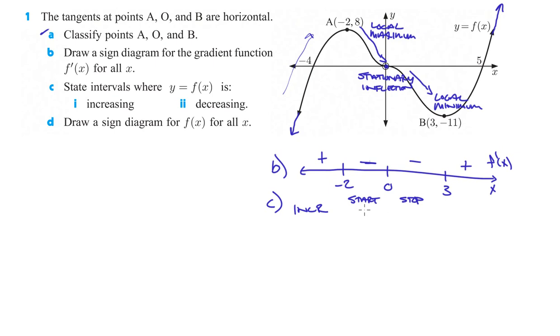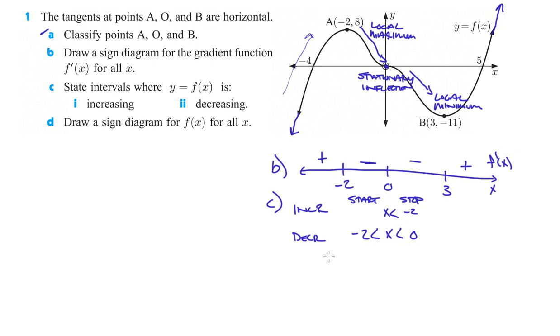So increasing, it does not have a beginning, but it does have an end. It stops when x is -2. So it's increasing when x is less than -2. And then it's decreasing. Well, the beginning of the decreasing is from -2 to 0. And so it is decreasing there.